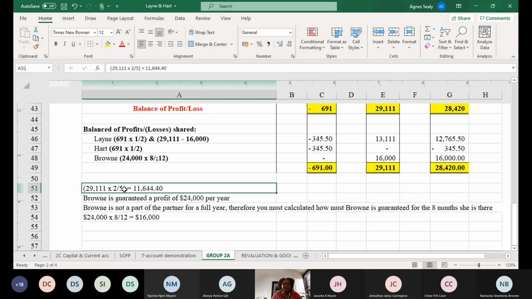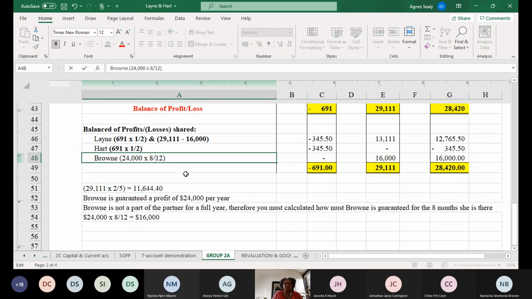If you do 2/5, Brown would get $11,644, which is less than the minimum. Because that is less than the minimum, you cannot give that to Brown. So this is the guarantee.